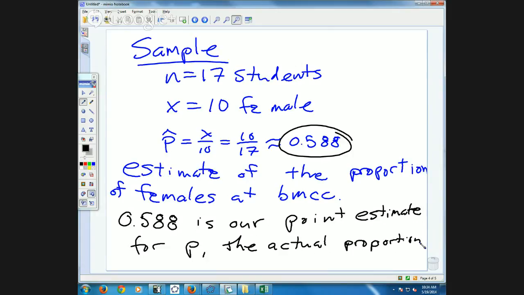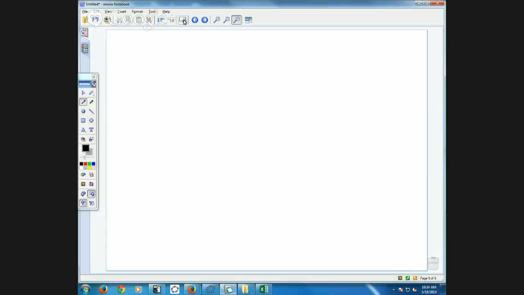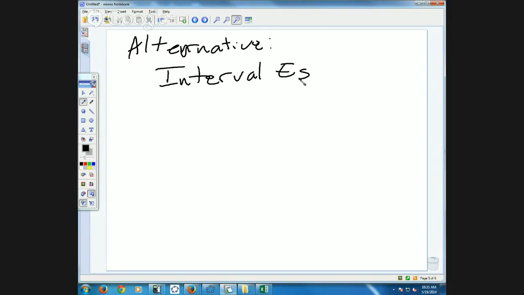Okay. One way to do that is what's called a point estimate. Other times, you get what's called an interval estimate. We're going to go for the interval estimate next. So, an alternative to a point estimate, but related, it's called an interval estimate.